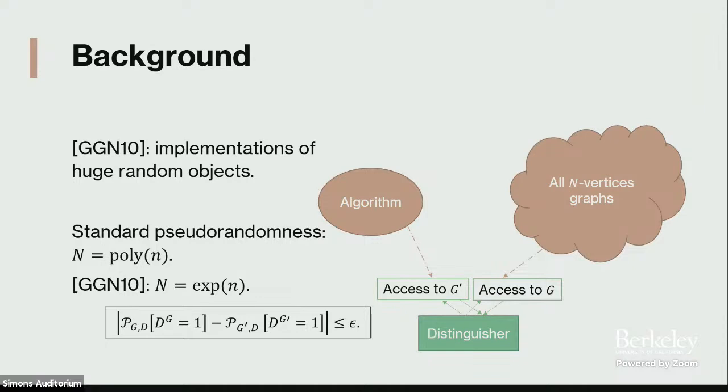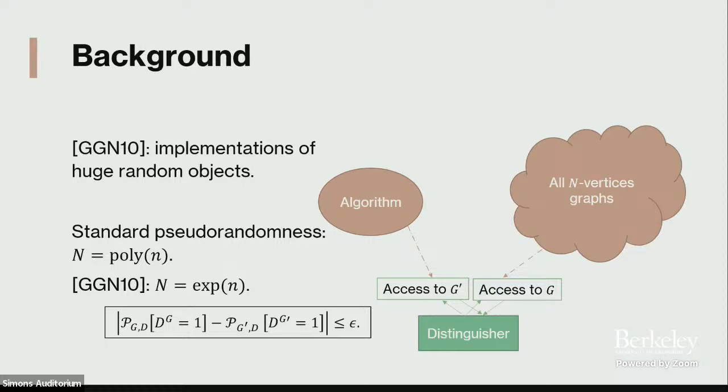So in their setting, the distinguisher has query access to either a completely random graph or to a graph which is an implementation. The indistinguishability requirement is still the same, but now instead of reading the entire object, we only have query access.